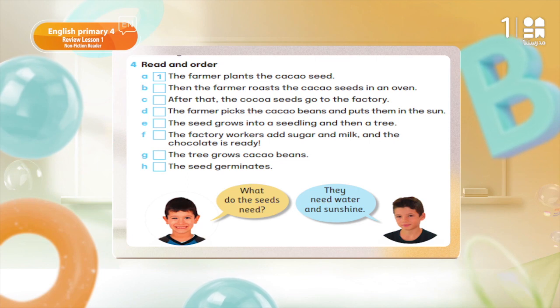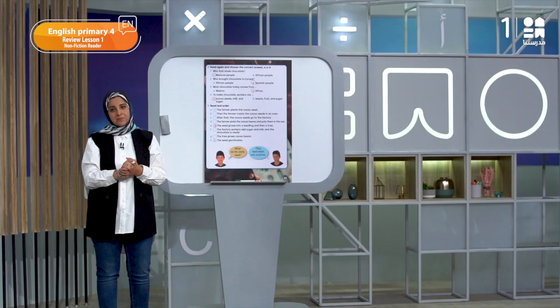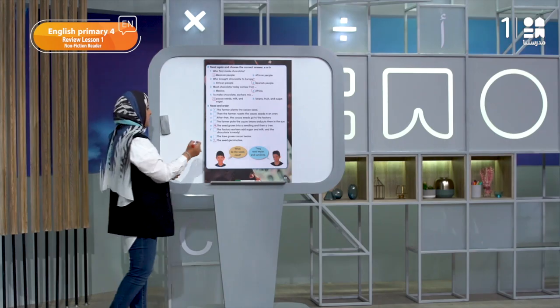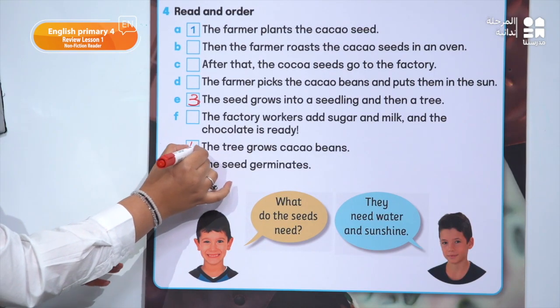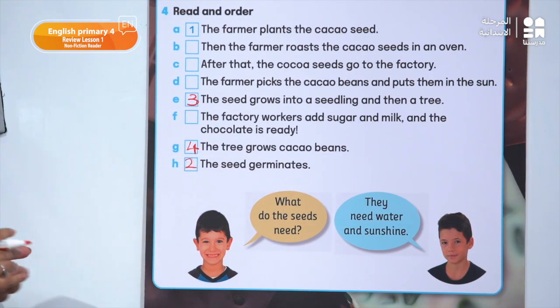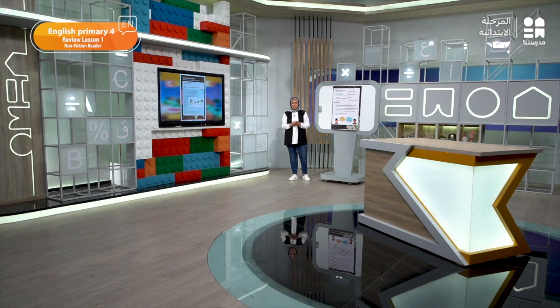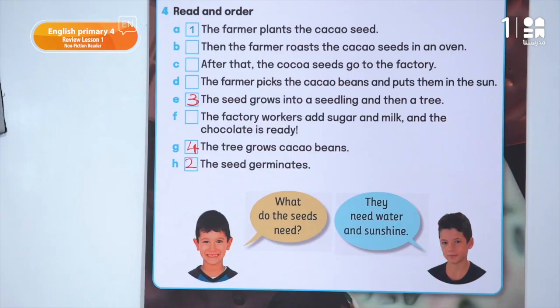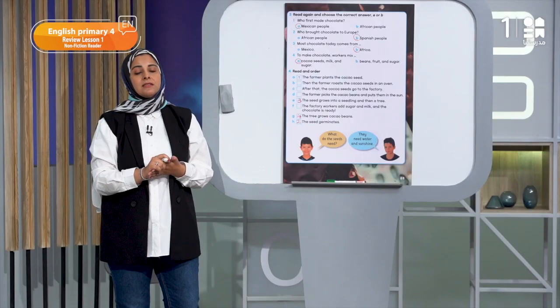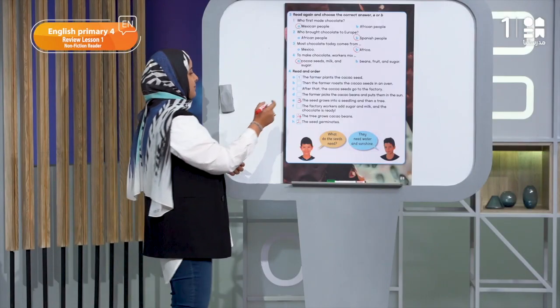Number 4, G. Excellent. Number 4, G. The tree grows cocoa beans. What will be number 5? Number 5 is sentence D. Super, my dear boys and girls.